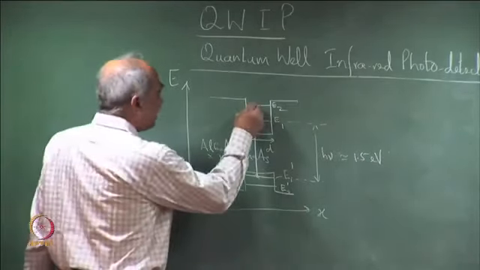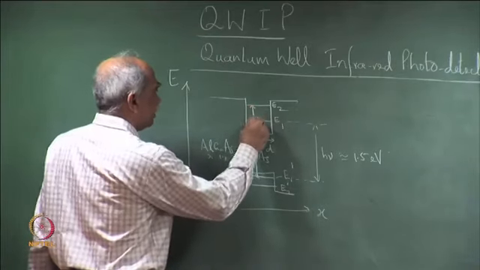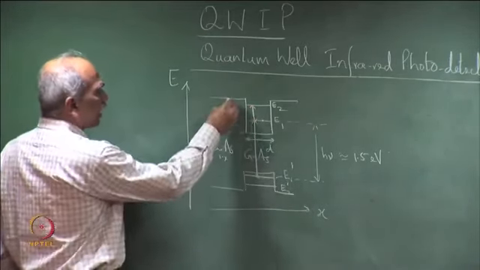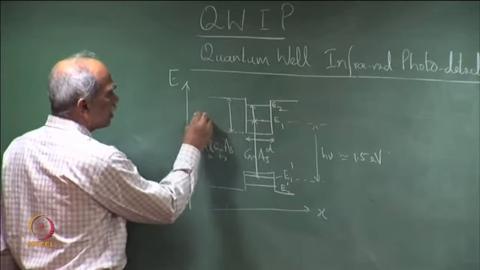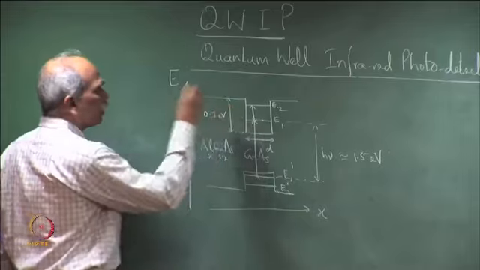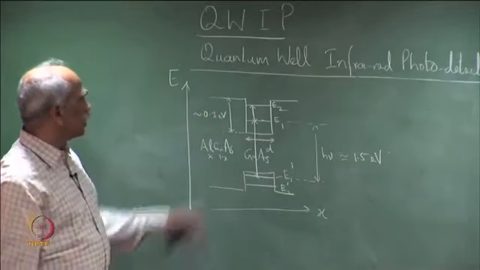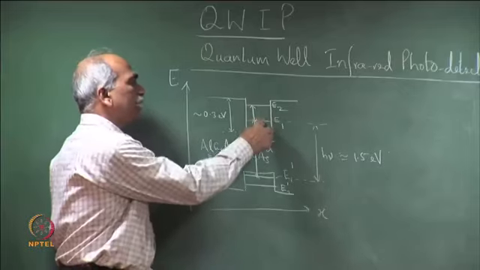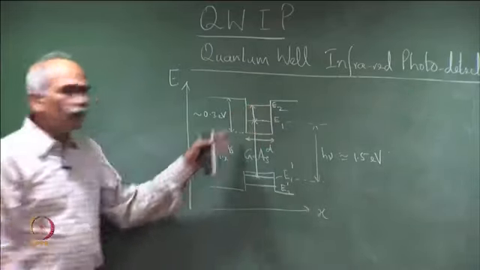The energy difference here, this is of course not to scale, because the height of the barrier here is typically about 0.3 eV or 300 meV, and therefore the energy difference between the energy subbands here is quite small.